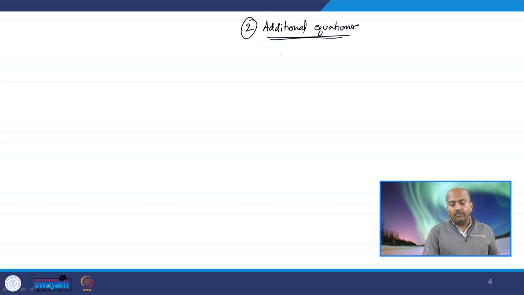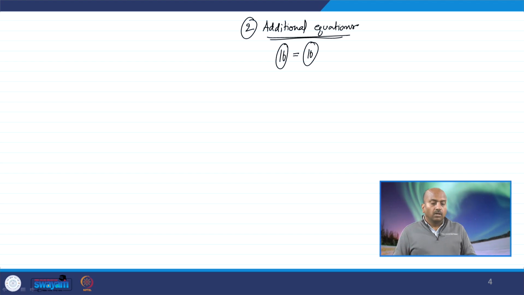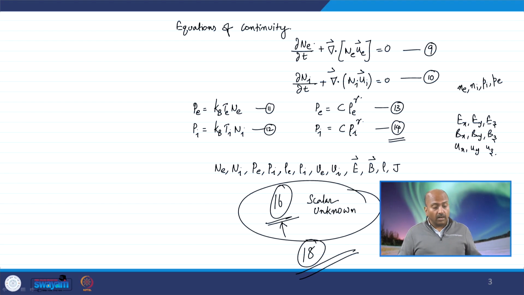If we have a situation in which the number of equations is equal to the number of unknowns, we can solve them and the equations are good to go, right? So we have to relook at the set of equations and try to figure out if there is any redundancy, or if any equation can be a simplification of another equation.